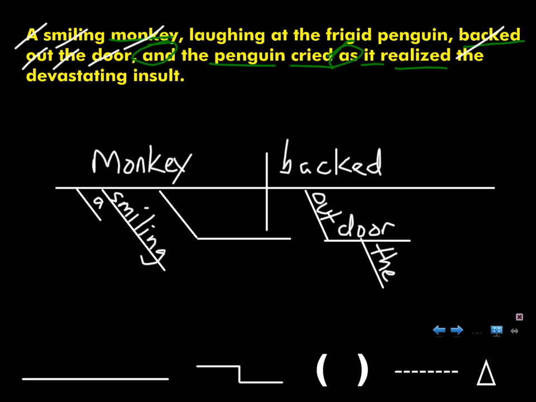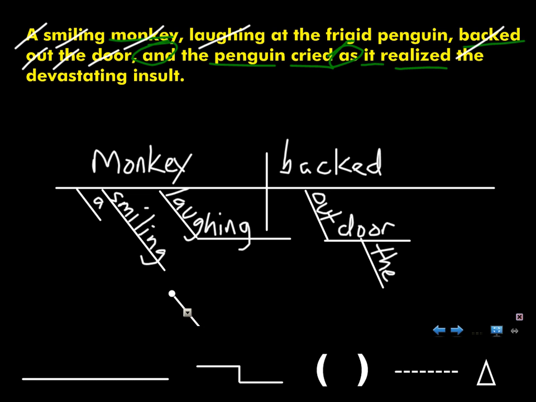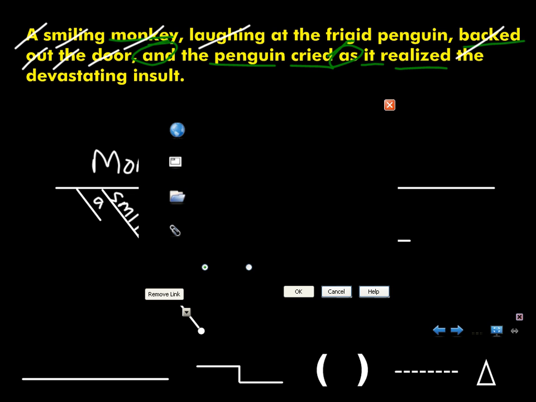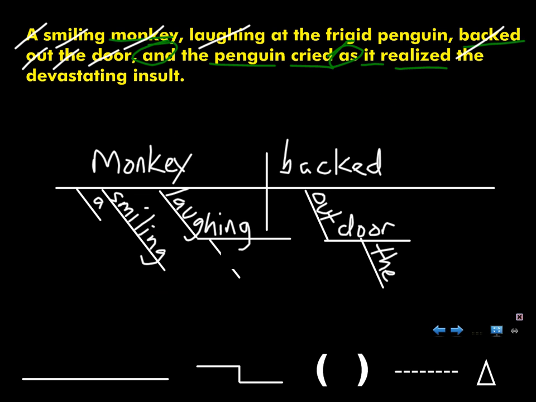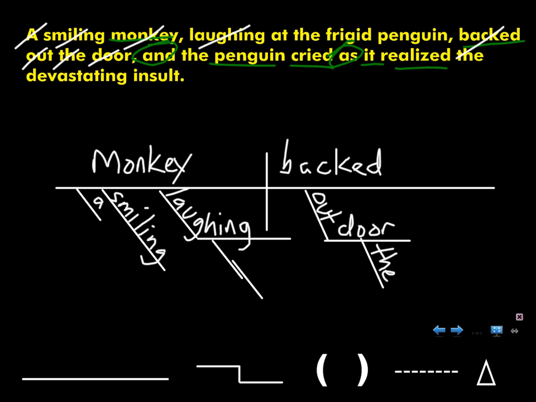So, Tejal, how do I diagram at the frigid penguin? You just do it like you use a prepositional phrase, but it comes off the participle. Very good. An appositive would not have the preposition.